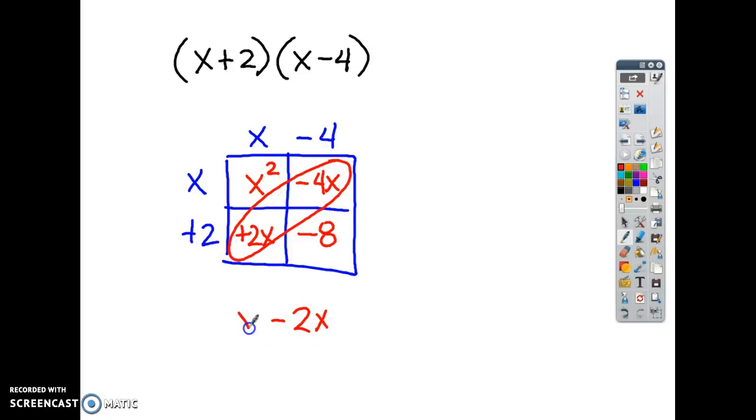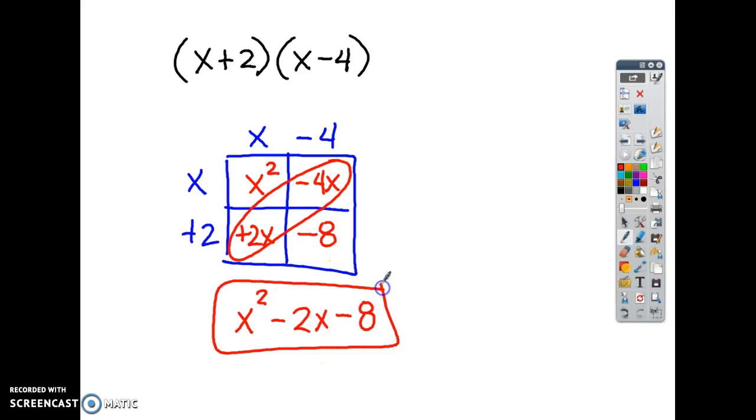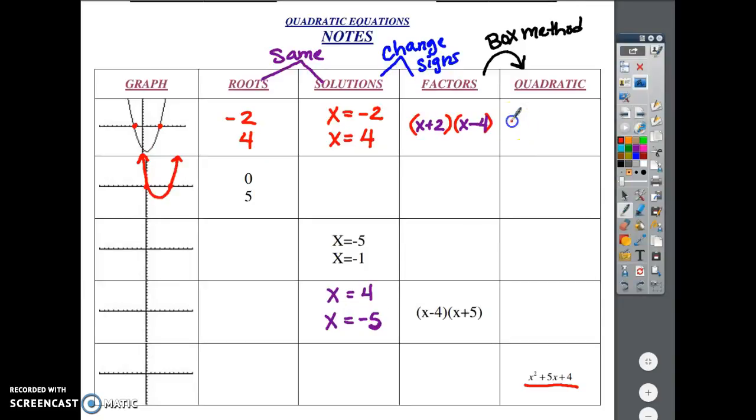So the first part is x squared, the last part is negative 8, and this is your quadratic. So you would show your work using the box, and then write down the quadratic equation, x squared minus 2x minus 8 at the end. And it looks just like this one. They're all going to look the same.